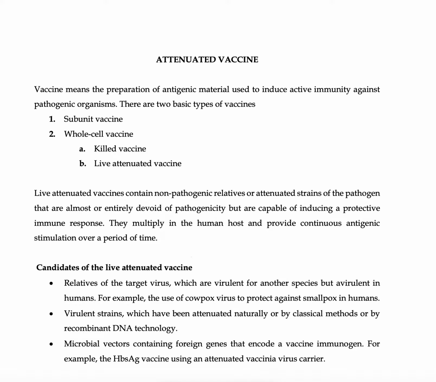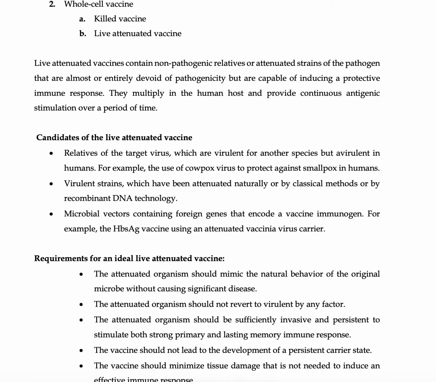Okay, so now which microorganisms can we use as live attenuated vaccine? That means the candidates of the live attenuated vaccine. So we can use relatives of the target virus, which are virulent for another species but avirulent in humans.